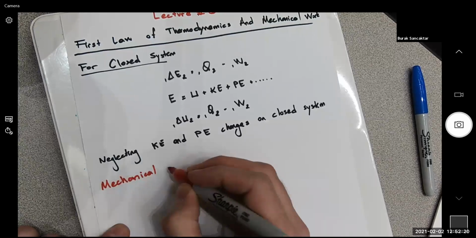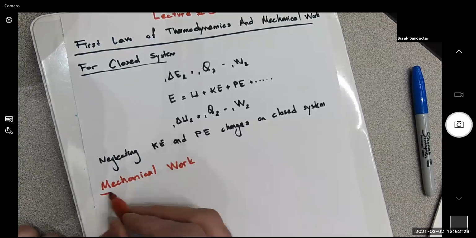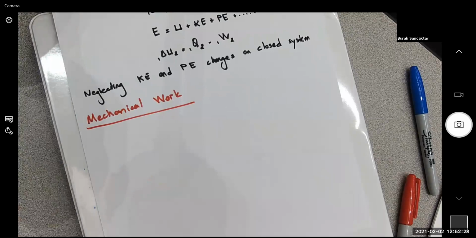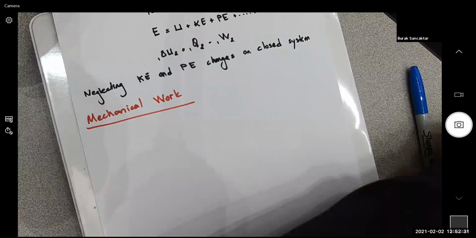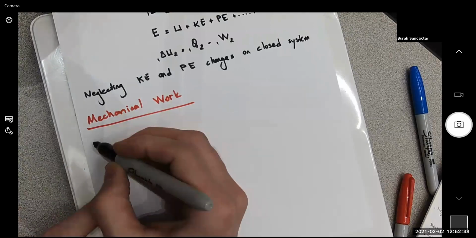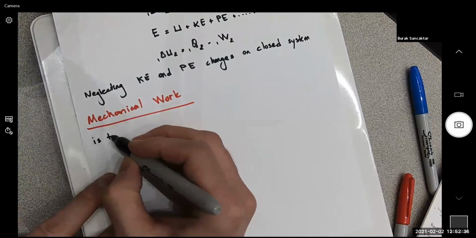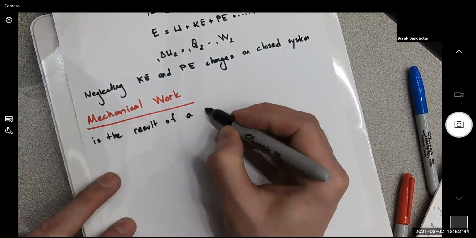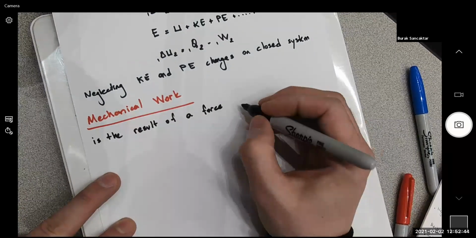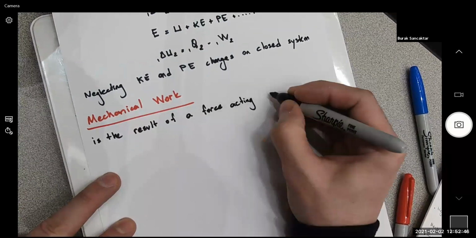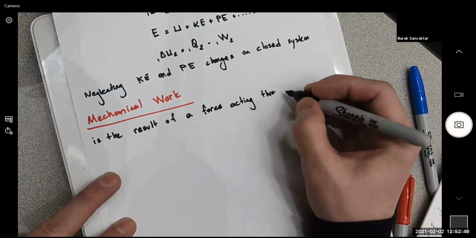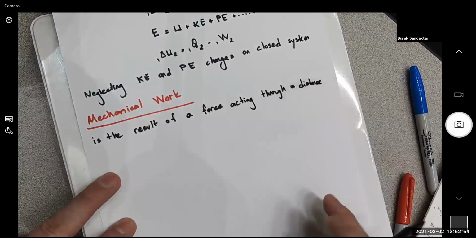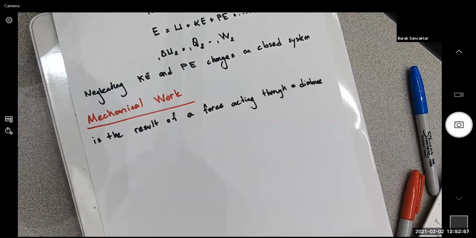Mechanical work is the result of a force acting through a distance. And we will define what that distance is.